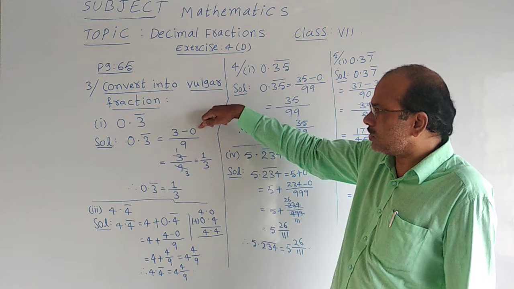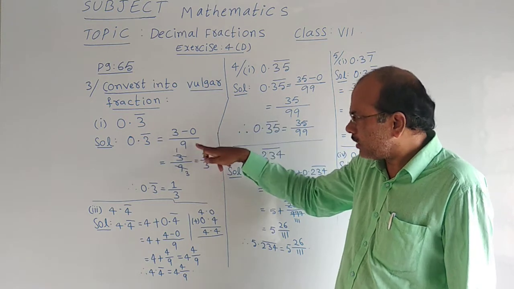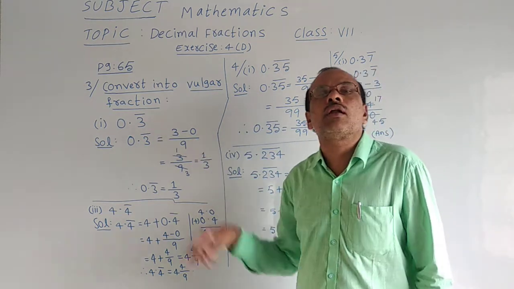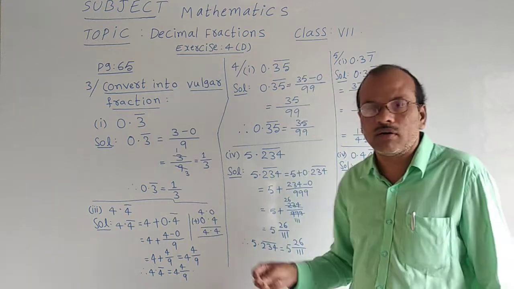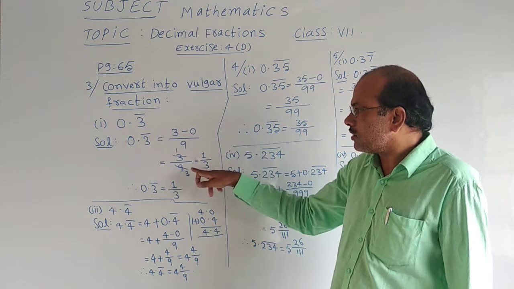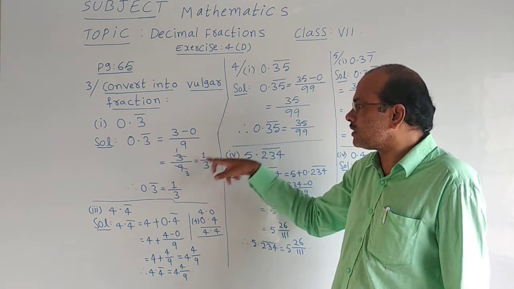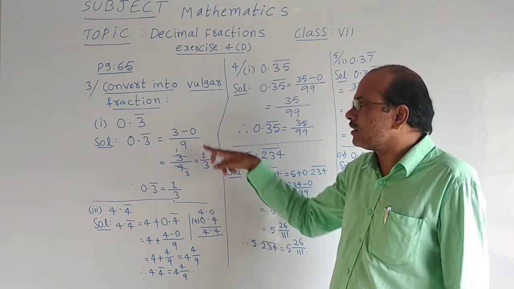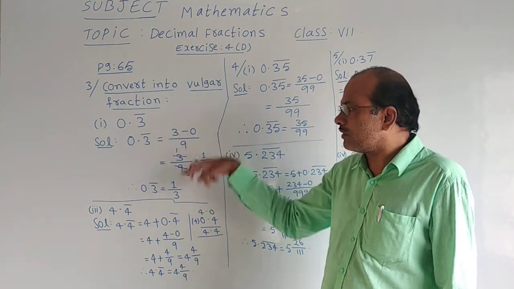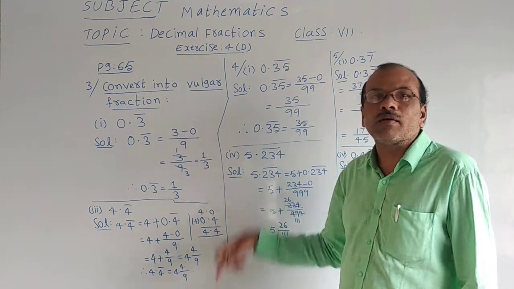Now 3 minus 0 is 3, by that 9 is written. Now cancellation with 3 table. 3 ones 3, 3 threes are 9, gives you answer 1 by 3. 0.3 bar given question is equal to 1 by 3.